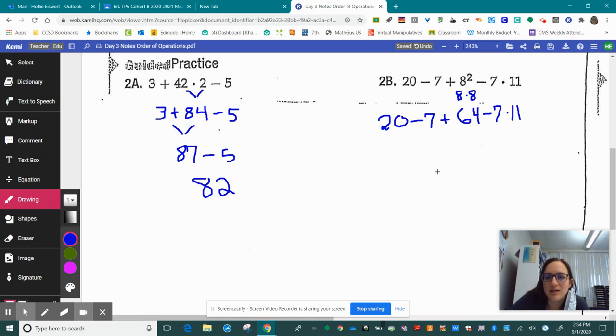All right, next, we have our exponents taken care of, so the next thing we're looking for is multiplication or division. We have one. So we're going to do our multiplication next. Try to look at this as a negative 7 times 11. Do you see how it's a negative 7 times 11? If you can start to see it that way, it's going to help you later on.